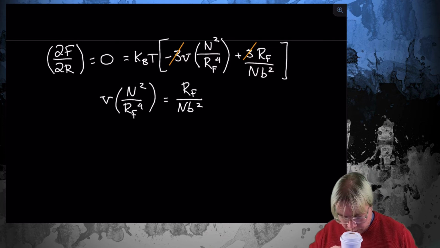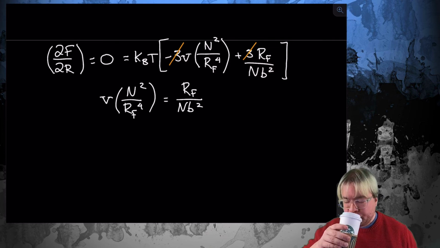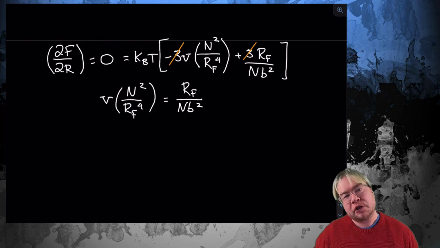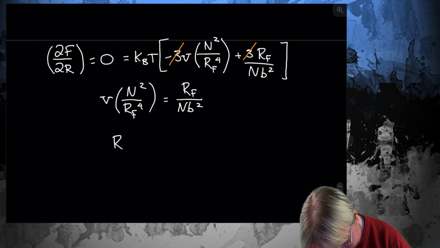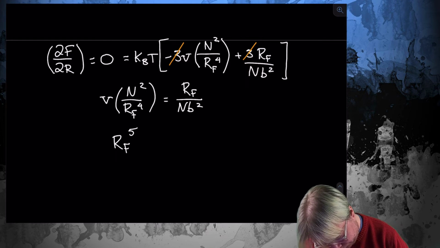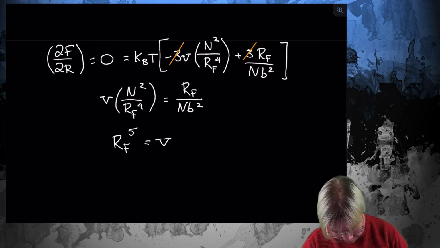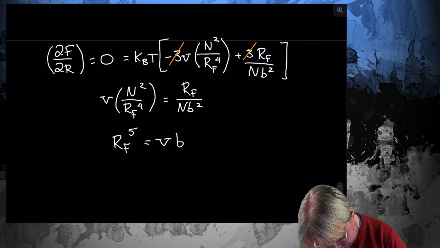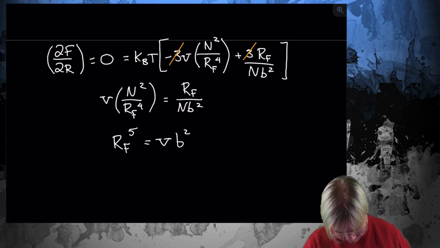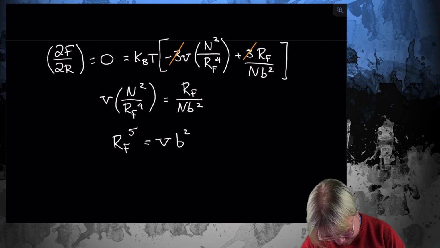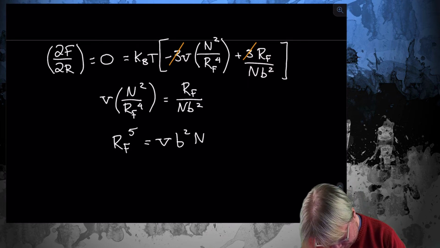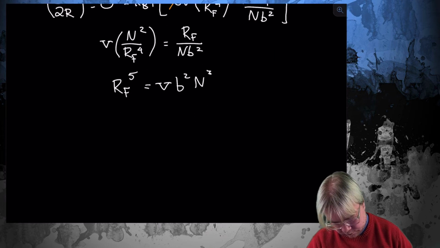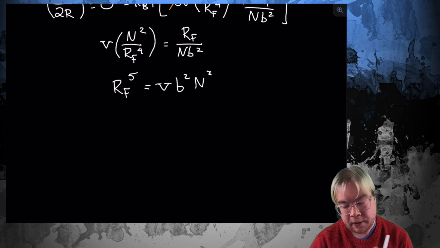Right? And now we just have to solve for RF. So RF, I'll just multiply through to the 5th power, will be the excluded volume times b squared times N cubed. Hope I did that right.